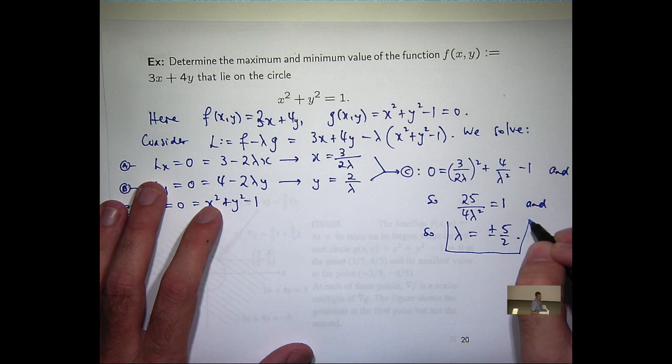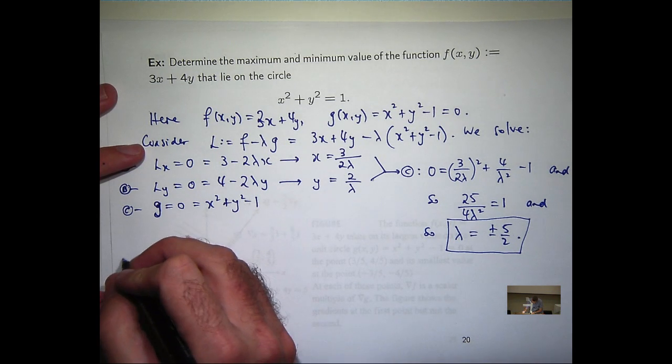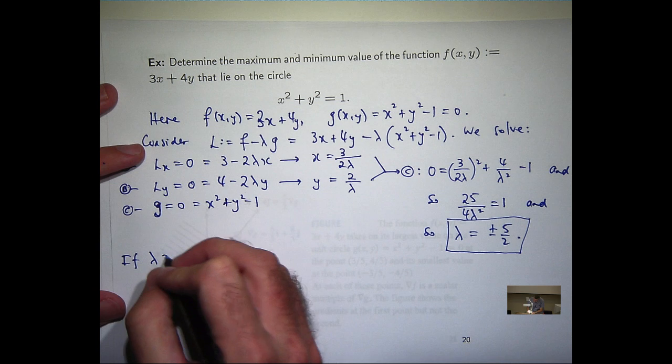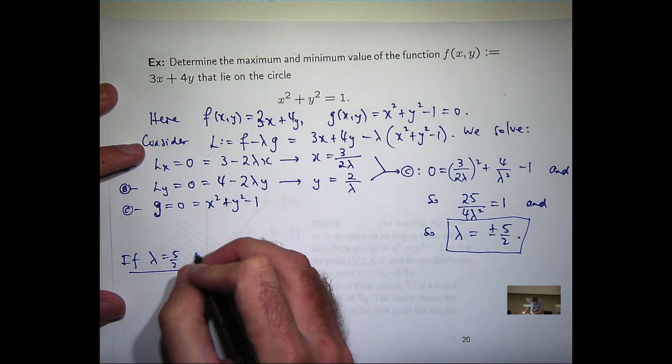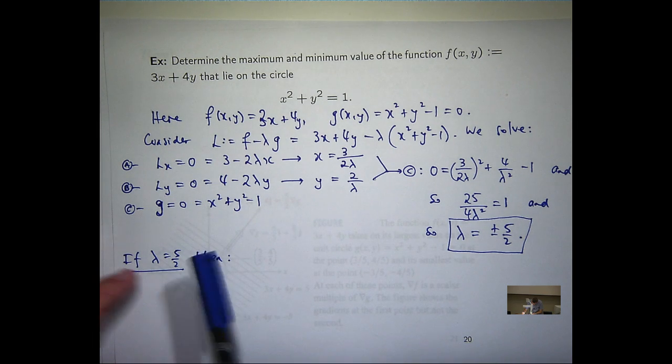So in this particular problem, we've got two values of lambda. We've got two Lagrange multipliers. Each of those multipliers can be used to get a point, an xy point. Okay? So let's sub, say lambda equals 5 on 2.